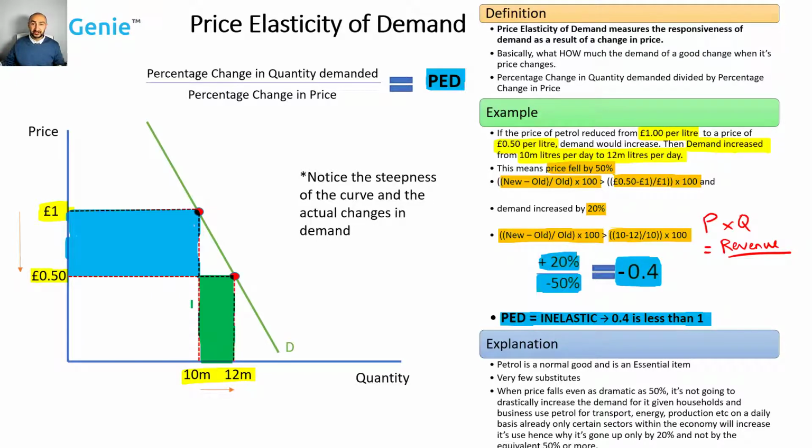So even though it's much cheaper now, you're not going to sit there and increase your demand of it, because you're just using it as you would normally. So essentially, you're still continuing to consume petrol the way you were initially.